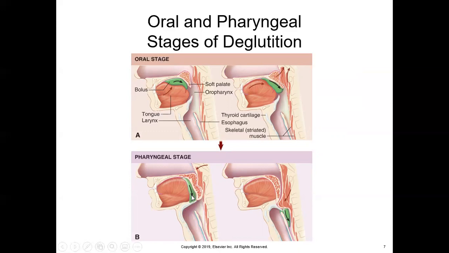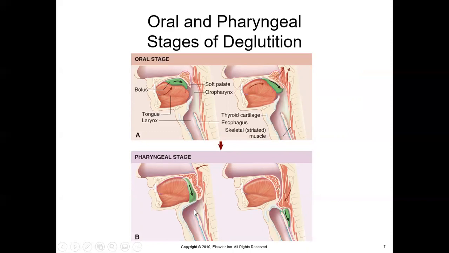As the bolus comes down, it hits this little flap. This flap is called the epiglottis. The epiglottis typically is open when you're not swallowing, so it allows you to breathe consistently. When the bolus comes down, it pushes the epiglottis down, closes off the trachea, and allows you to swallow the food. That's what it's doing here.